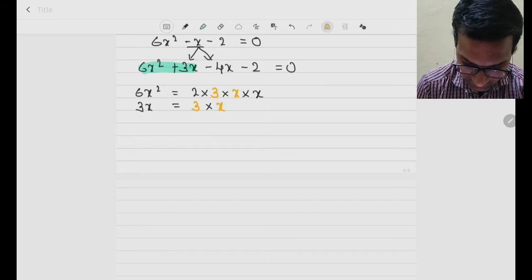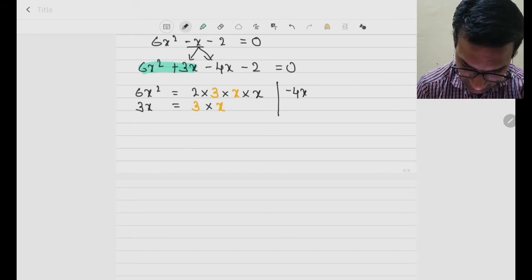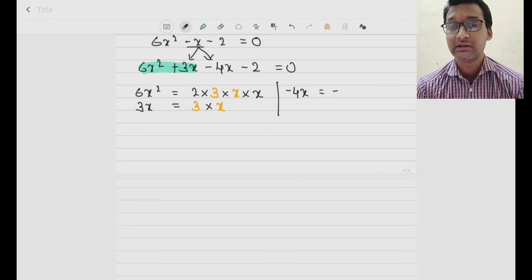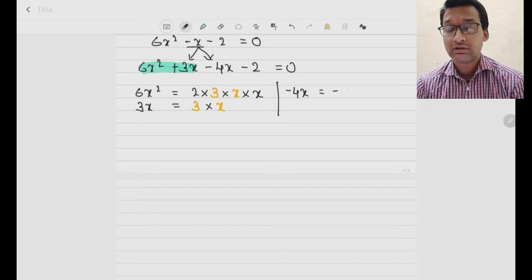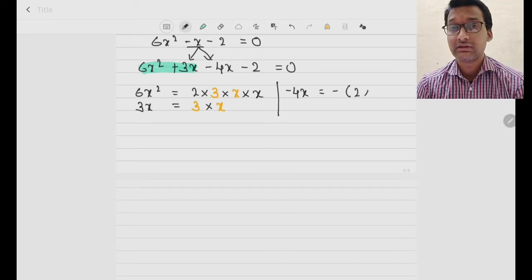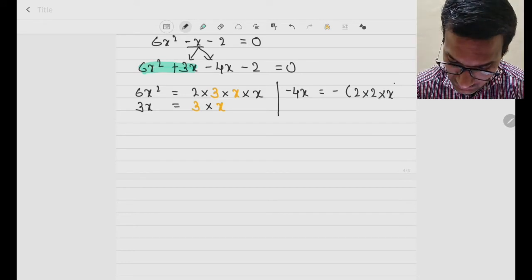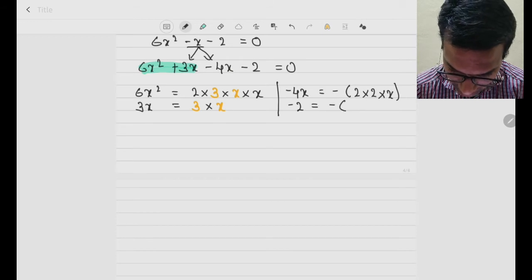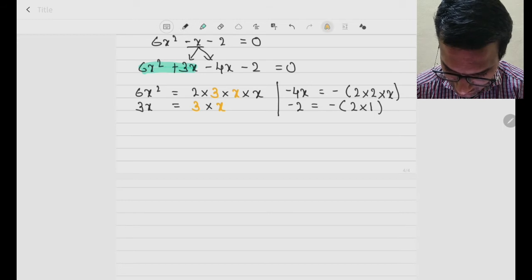Now let us see what is common. 3 is common here, x is common, and in this 4x minus 2, we have 2 into 2 into x, and minus 2 means minus 2 into 1.